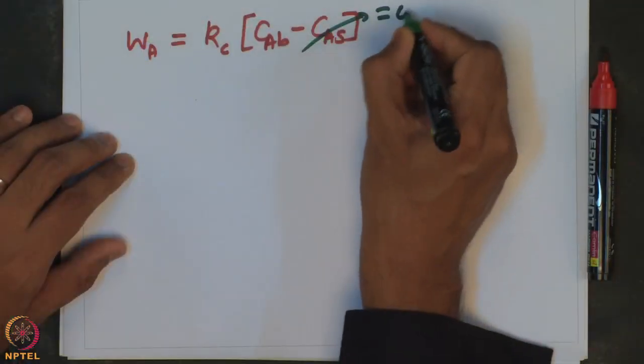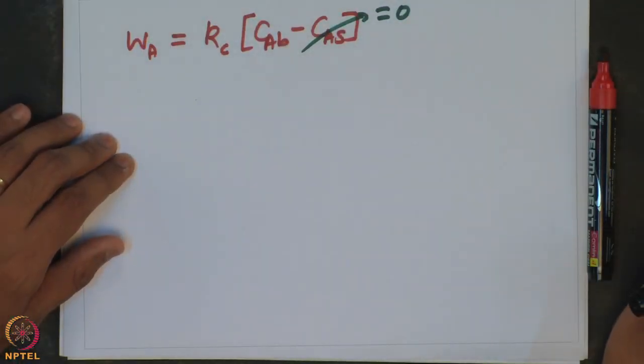Which essentially translates to the fact that the concentration C_AS is equal to 0. So, the surface concentration will be 0, which means that there is no species present right at the surface at any point in time, because the reaction is instantaneous, where all species available at any moment would be consumed completely.